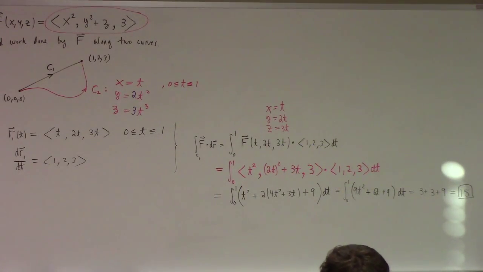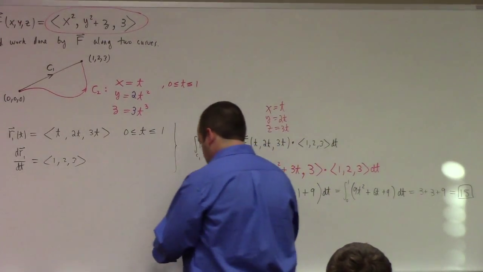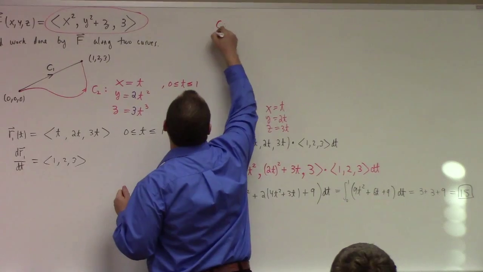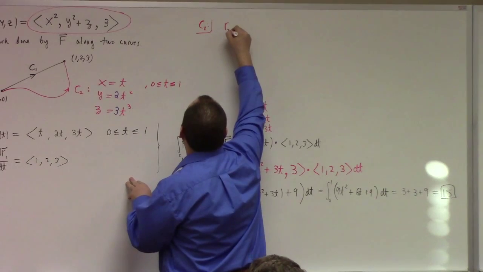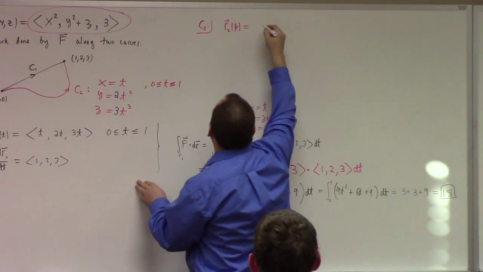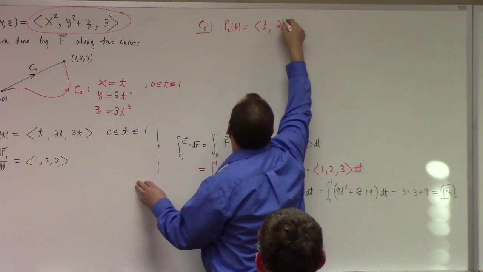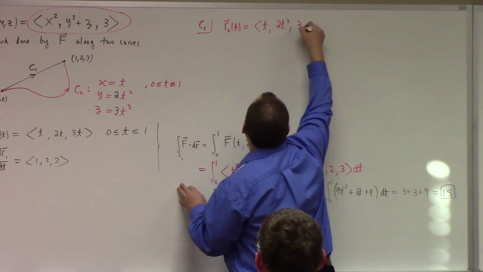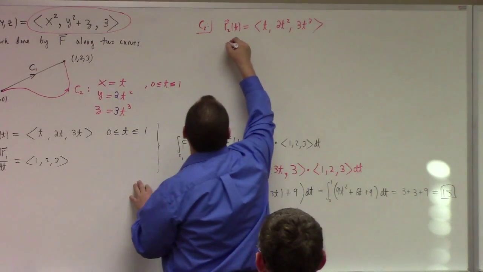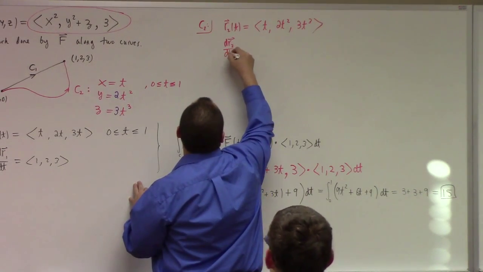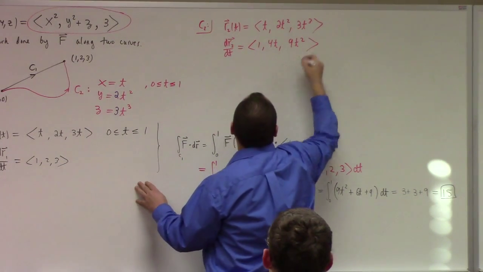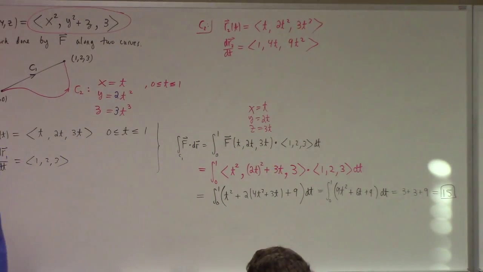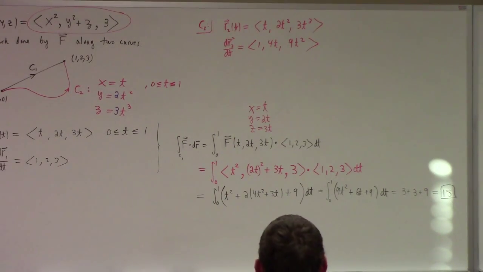How about C2? For C2, we have r2 of t is equal to (t, t squared, t cubed) scaled as 1, 2, 3, so r2 is t, 2t squared, 3t cubed. So dr2/dt is 1, 4t, 9t squared. Now I've got to face the music, right?